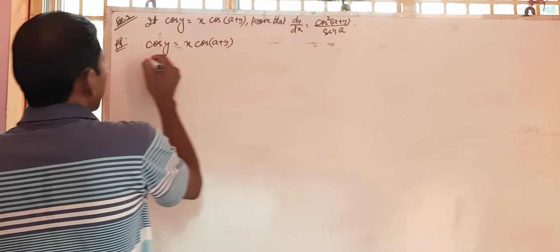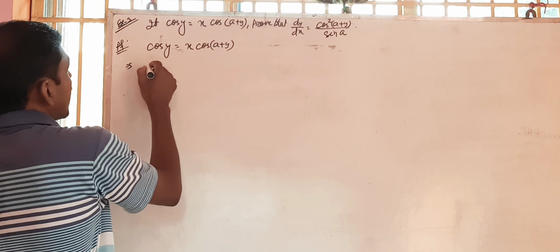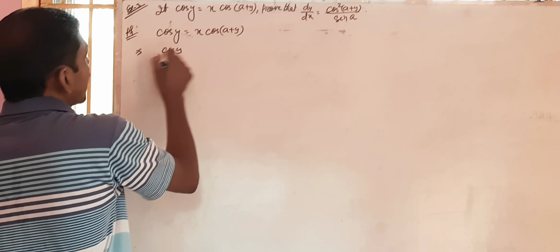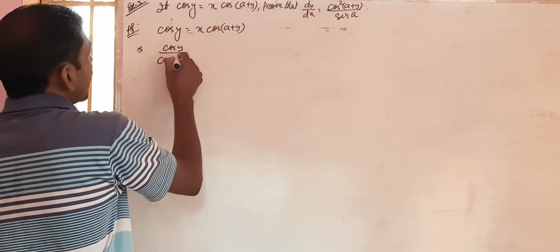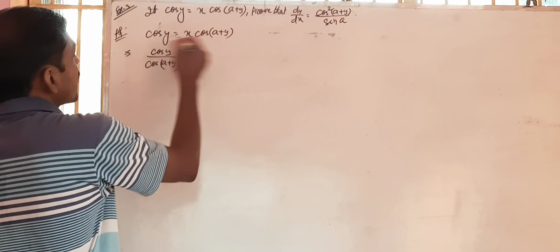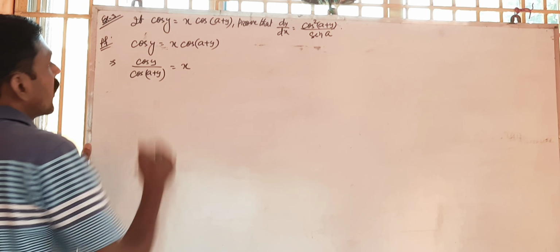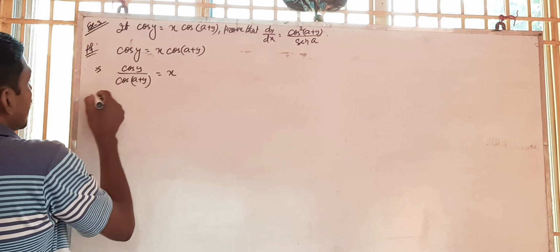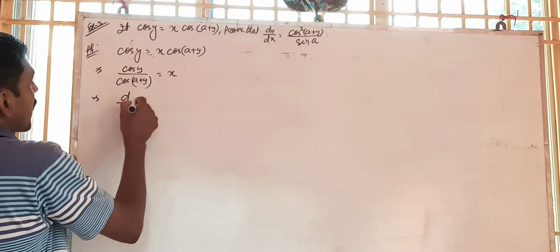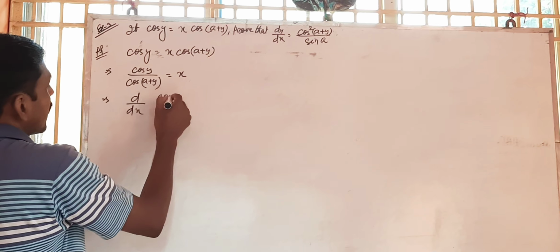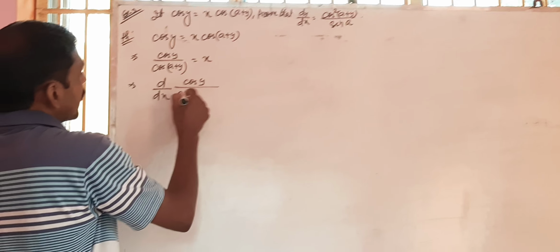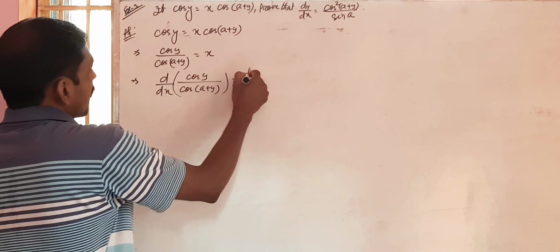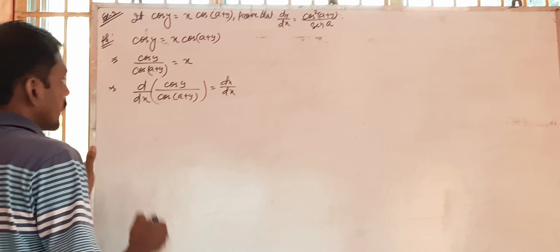So here you can write x equal to cos y by cos a plus y. Now we will differentiate both sides with respect to x. So d by dx of cos y by cos a plus y equal to dx by dx.